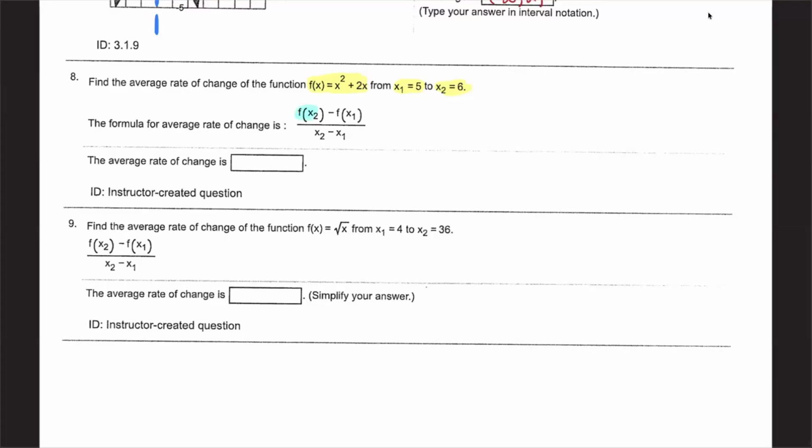You need to find f of x sub 2. That means take x sub 2, plug it into the function. So f of x2 means f of what value? Well, what is x2? x2 is 6, so I need to do f of 6. But what does that mean? That means put a 6 into the function.